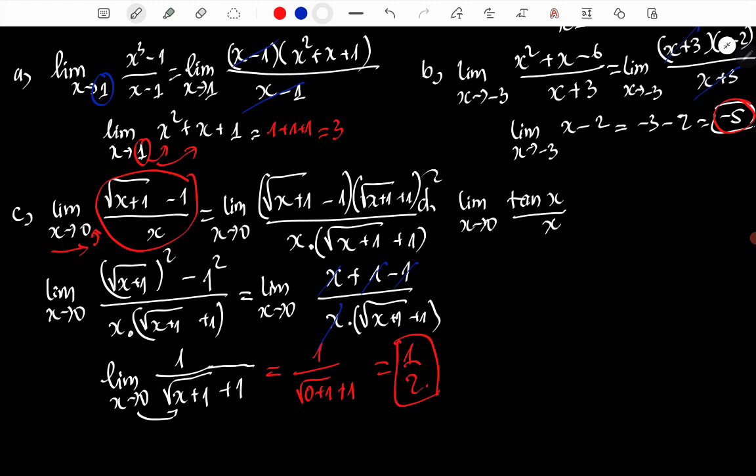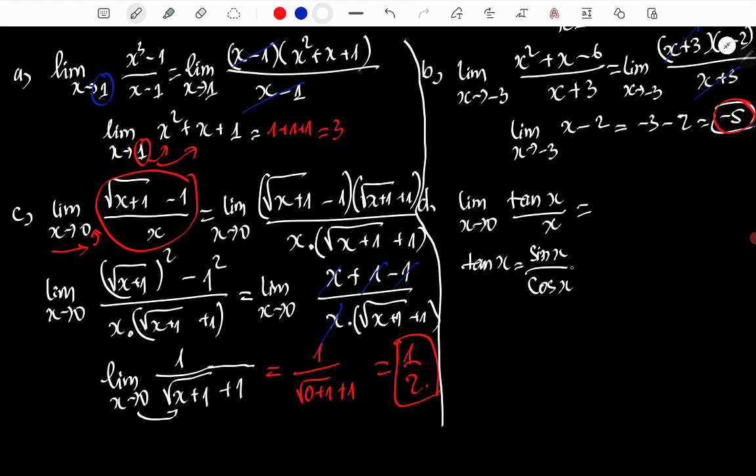And problem D. Alright. Problem D. So we have the limit of tangent x as x goes to 0, right? So tangent x is equal to sine x divided by cosine x.